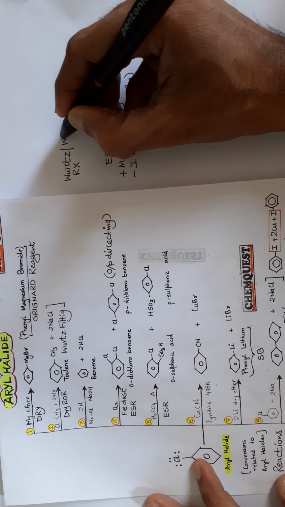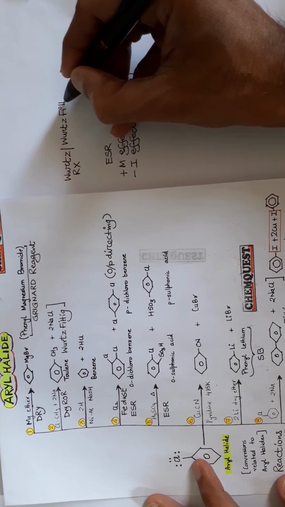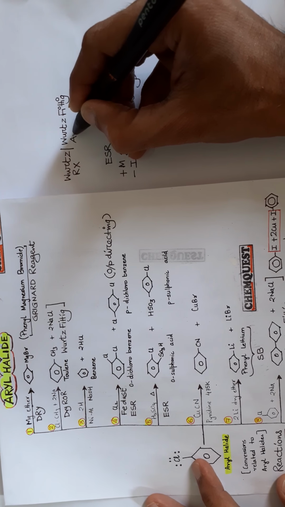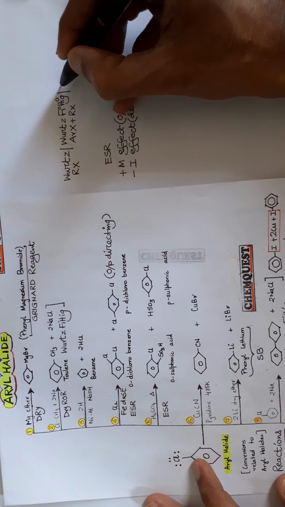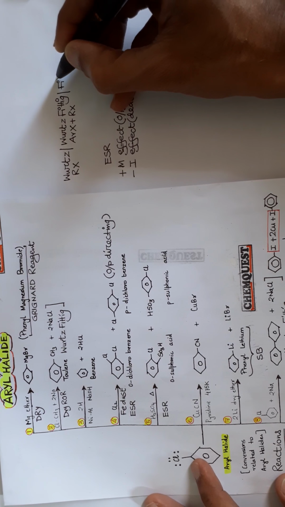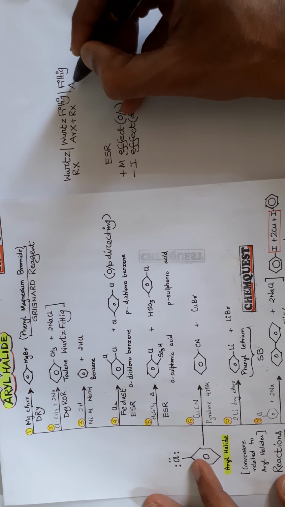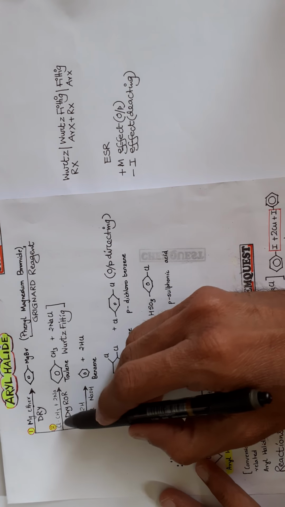Next one, Wurtz-Fittig: one is aliphatic, another is aromatic, ArX plus RX. Next one is Fittig, only in presence of ArX. Number 2 reaction is Wurtz-Fittig.